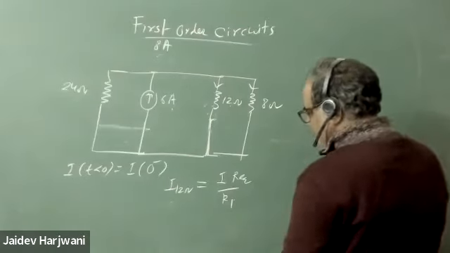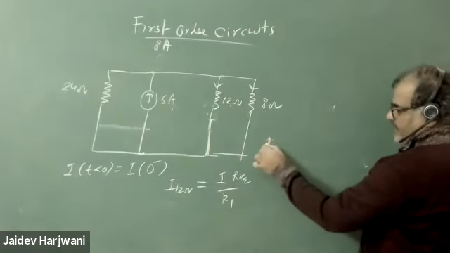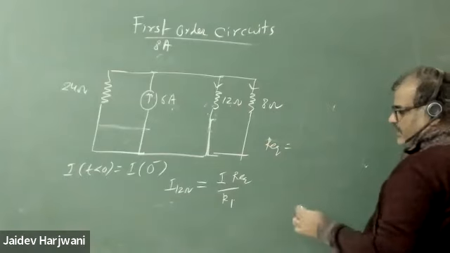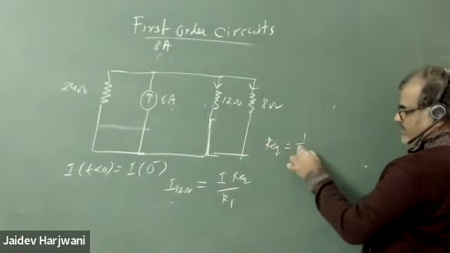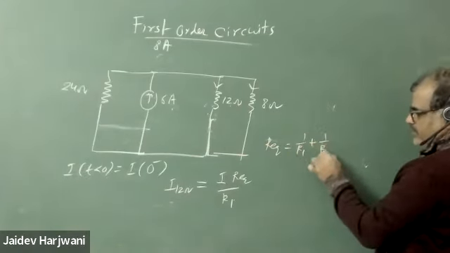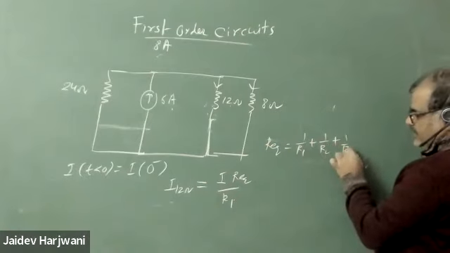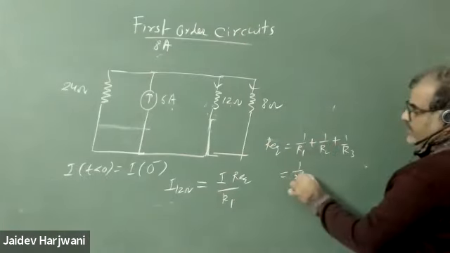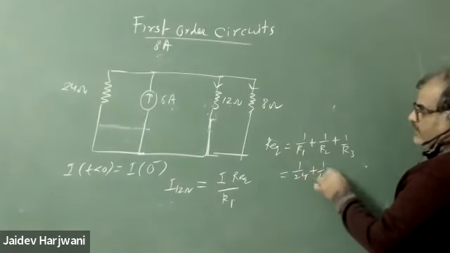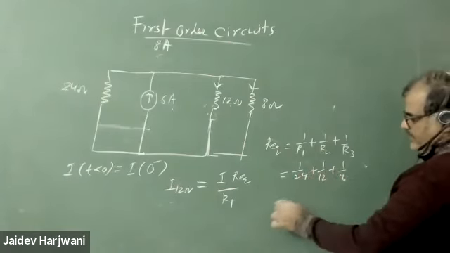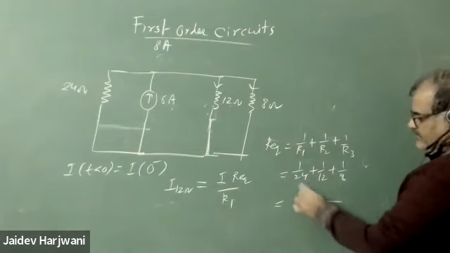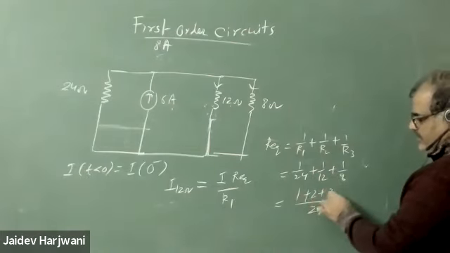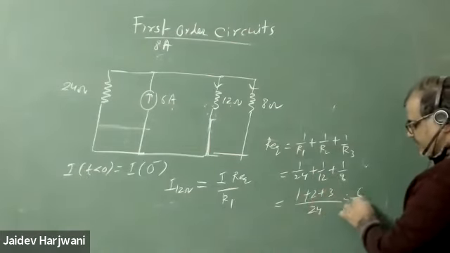If more than two resistances are there, I need to find R equivalent. R equivalent will be 1 upon R1 plus 1 upon R2 plus 1 upon R3. So 1 by 24, 1 by 12, and 1 by 8. Select 24: this becomes 1, this becomes 2, this becomes 3. So this becomes 6 upon 24.